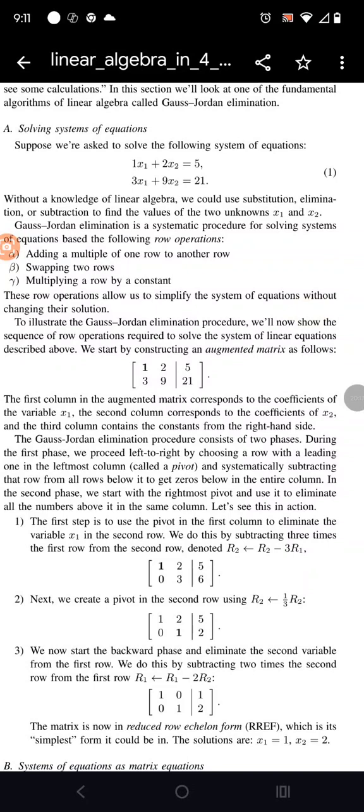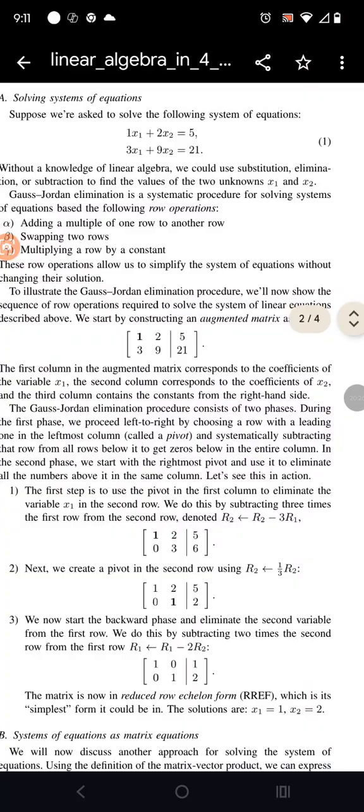Next we create a pivot in the second row using R2 goes to 1/3 R2, so divided by 3. The augmented value is also divided by 3, 6 becomes 2.